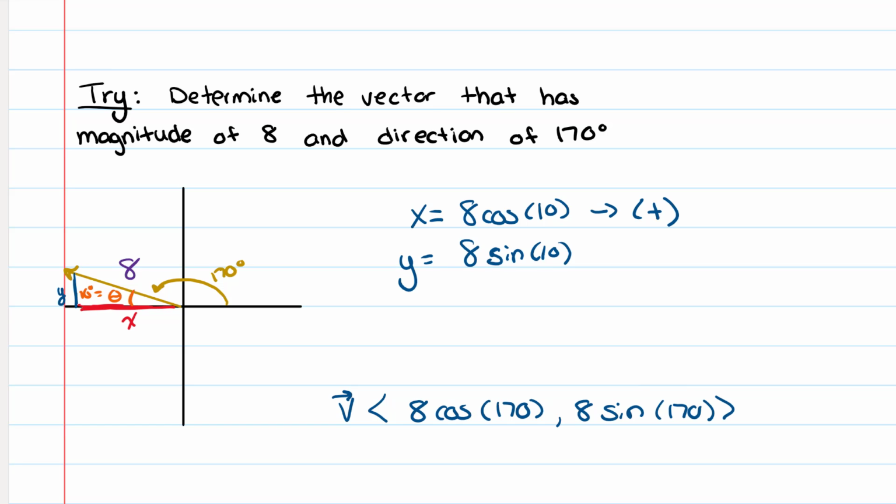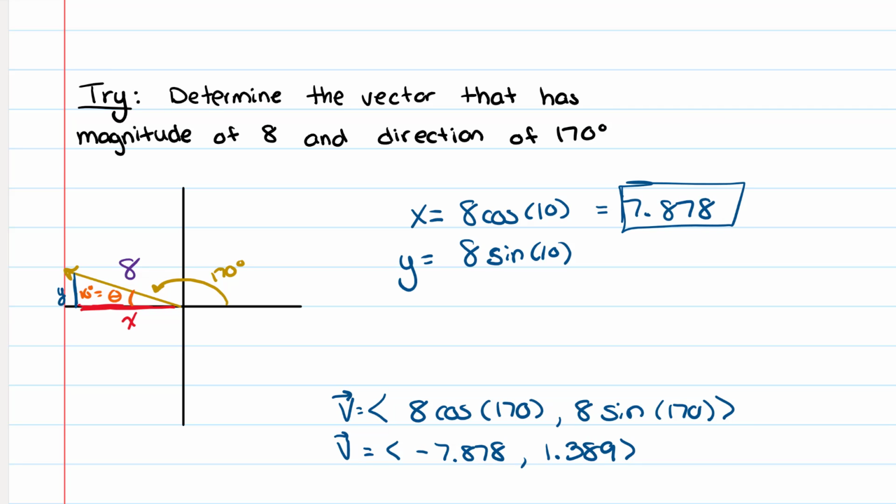And it'll just give you the answer right away, which is going to be negative 7.878, comma, 1.389. Again, if you did it with 8 cosine of 10, this would give you 7.878, and you would have to just take this number and make it negative because we're in the second quadrant.